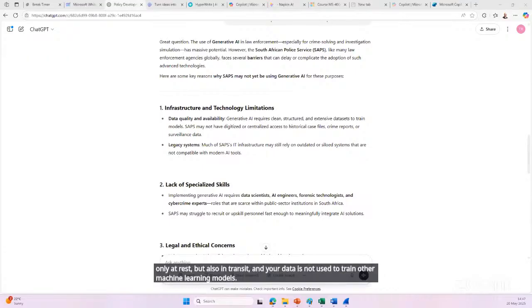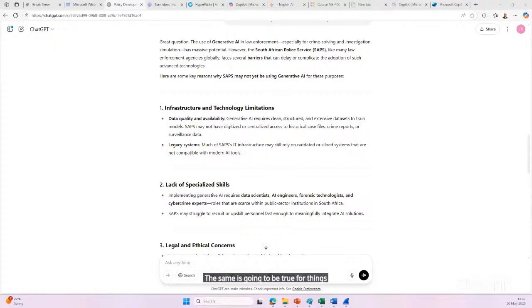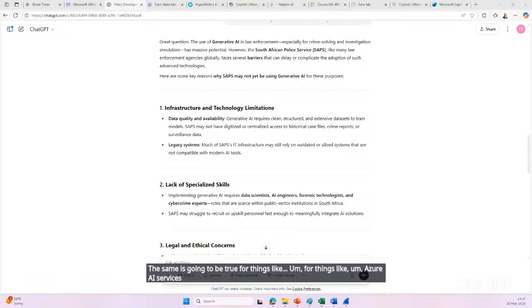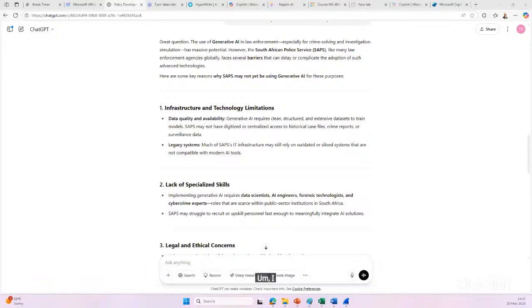The same is going to be true for things like Azure AI services and Google AI services. I would be very careful and look at the SLAs associated with those. But those are all paid-for services.